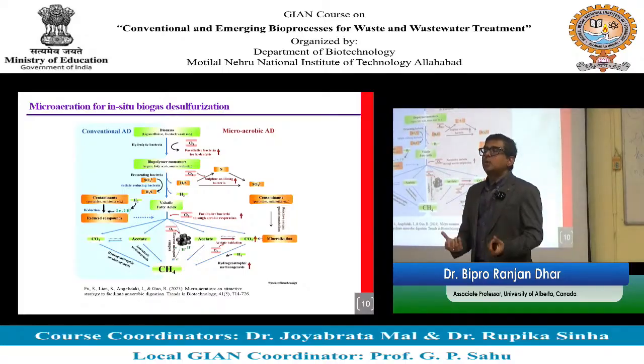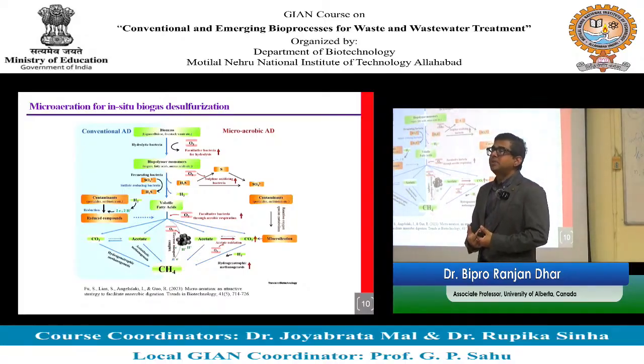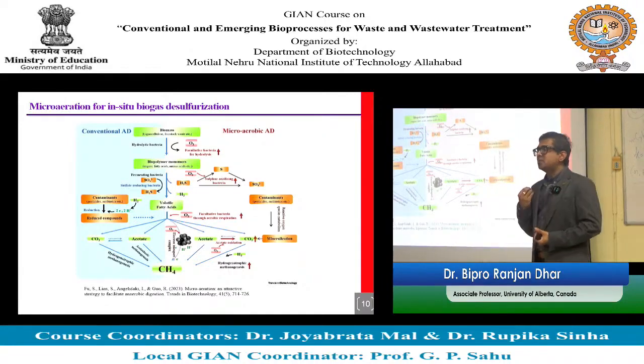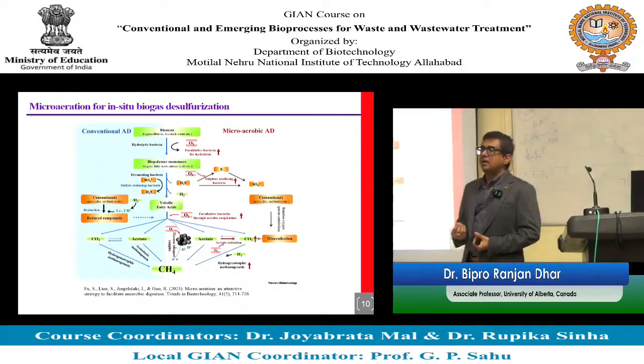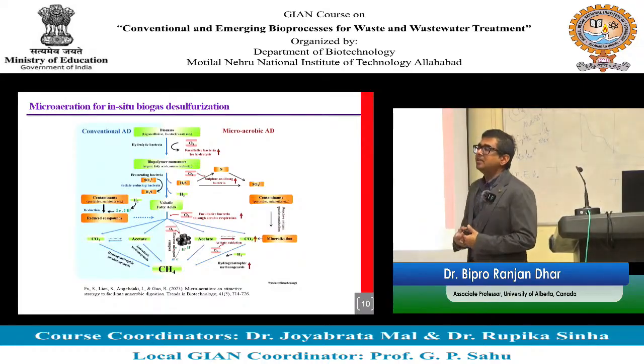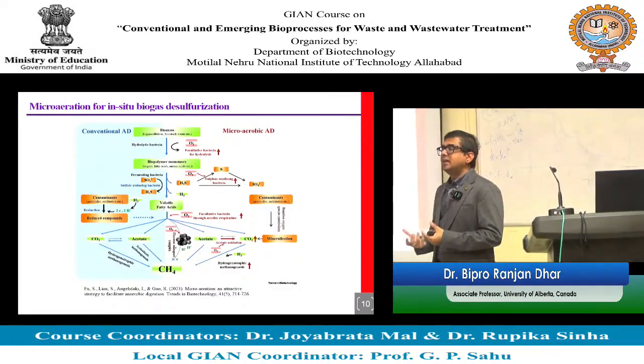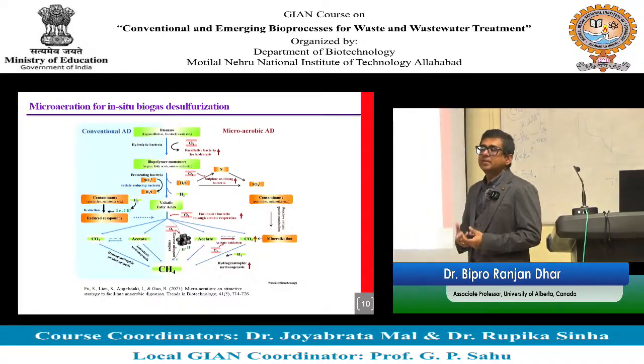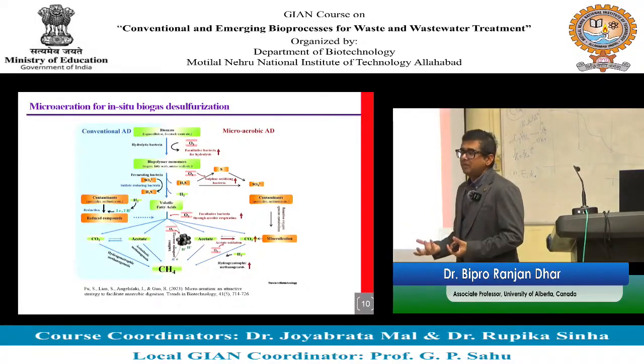And we know that anaerobic microbes could be sensitive to oxygen, right? If you have high DO, that can be problematic for their metabolism. But it has been found that if you have a small amount of oxygen in there, instead of negatively affecting the process, it can actually help the process.